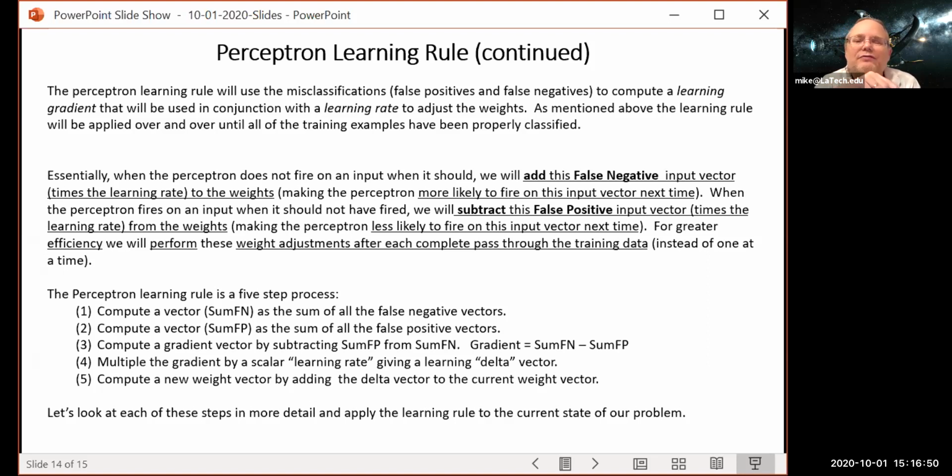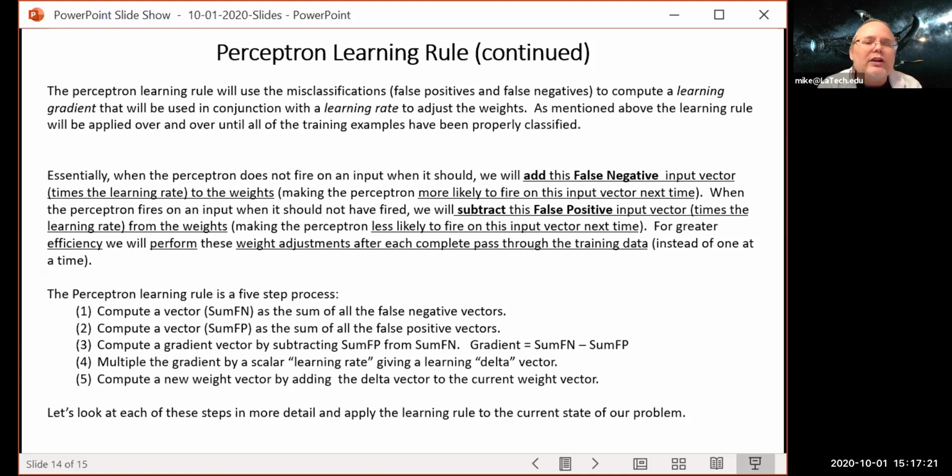We're going to subtract false positives because it was positive, it fired, but it shouldn't have. So we're trying to pull back there. So essentially, in situations where it didn't fire and it should have, we're trying to push it in the direction to fire next time. And those cases where it fired but it shouldn't have, we're trying to pull those back so that it's less likely that it's going to fire on those the next time.